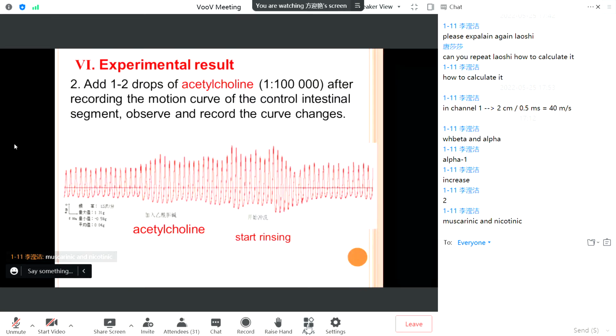Can you tell me, according to the smooth muscle, which type of receptor? M receptor or N receptor?